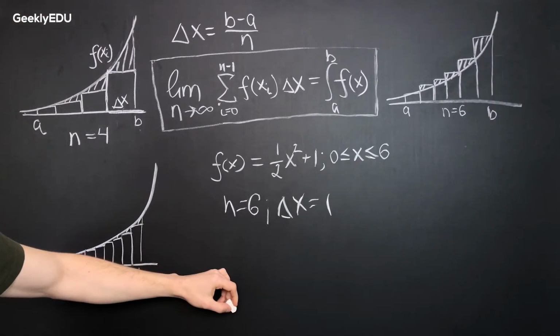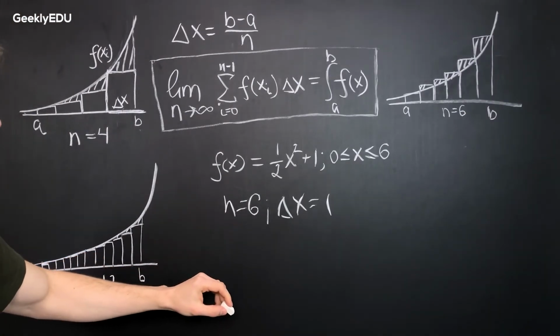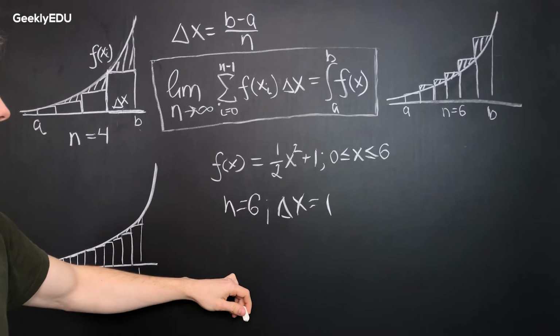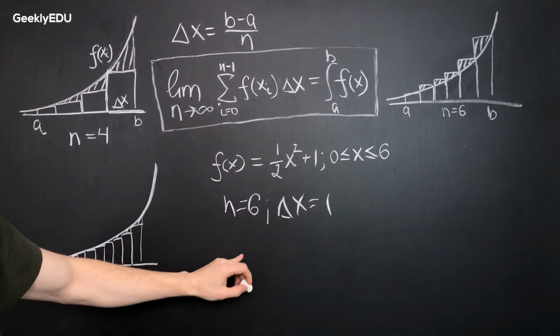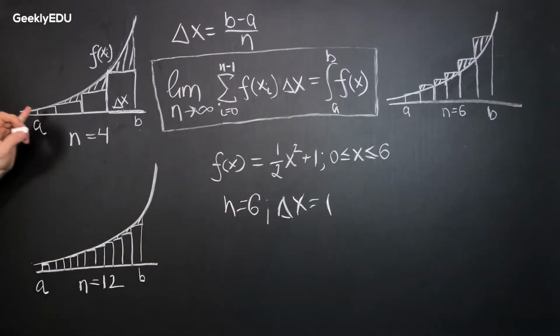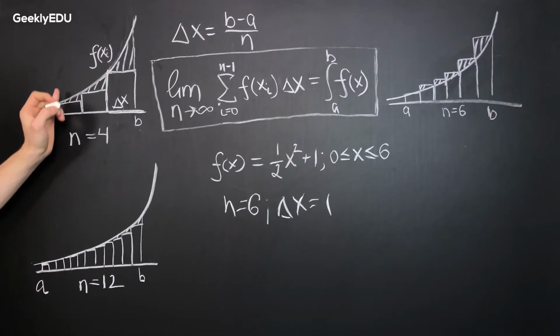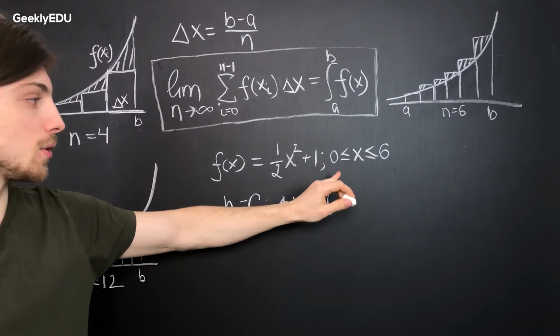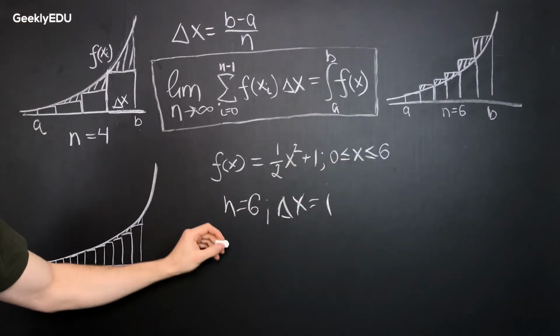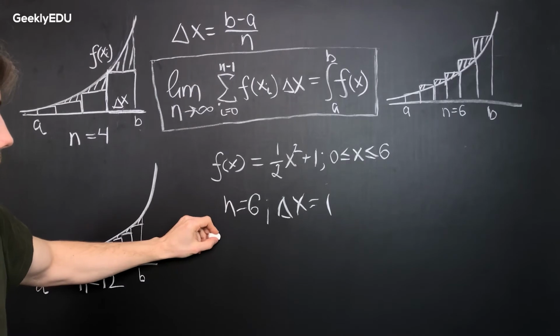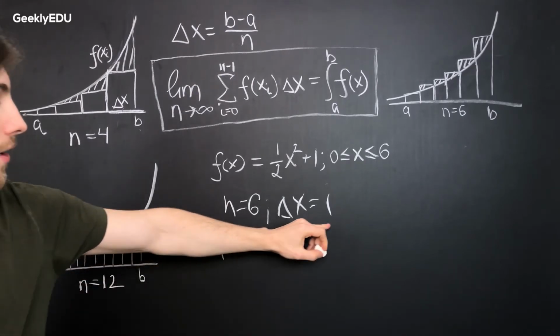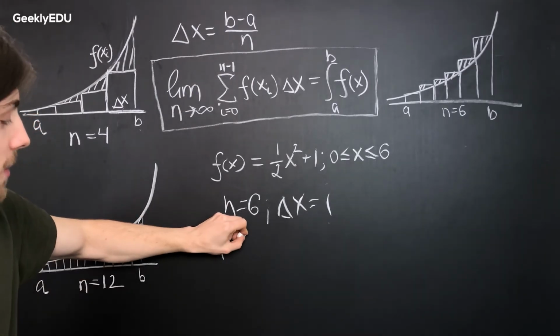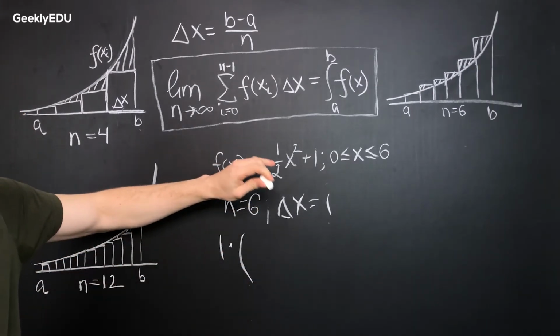And for our Riemann sum, let's say first we will do the left Riemann sum, and that means that the first rectangle is going to start at 0, the second will start at 1, and so on until we reach the last rectangle, which will start at 5. So the formula will look like this. It's 1, since our delta x is 1, multiplied by, and let's start calculating.